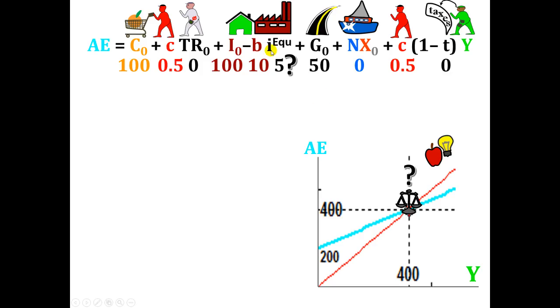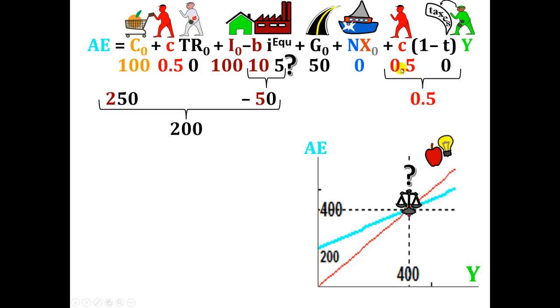Now if this interest rate in equilibrium is given and is 5, then we can easily draw this aggregate expenditure, because here we have minus 50 and here we have 100, 250, so 250 minus 50 is 200, and here we have 0.5, so aggregate expenditure is 200 plus 0.5 y.